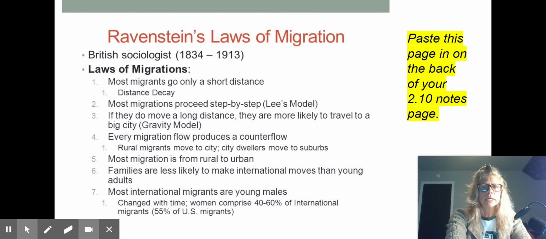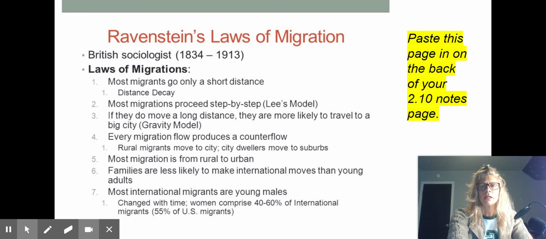But really quickly, the first law is most migrants go only a short distance. So you want to think about that distance decay concept that we learned in Unit 1. And then the second law is most migrants proceed step by step. That's going to apply more to Lee's model that you just learned. And then if they don't move a long distance, they are likely to travel to a big city. This is going to be more about the gravity model, which you'll read about in your book.